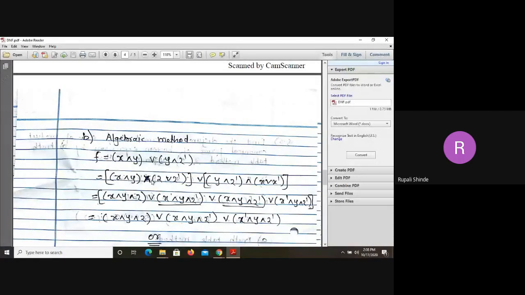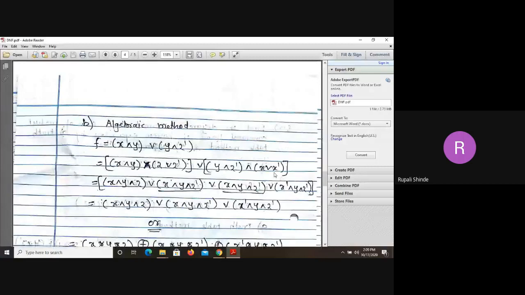So x and y and z or z complement, that we have added here. Or now check the second term, y and z are there. So x is missing. So we have to take AND outside the bracket and OR inside the bracket. So x or x complement. Now apply the distributive law.